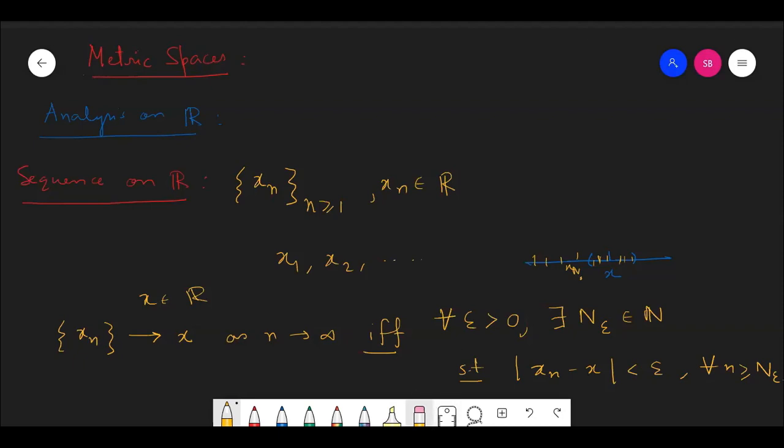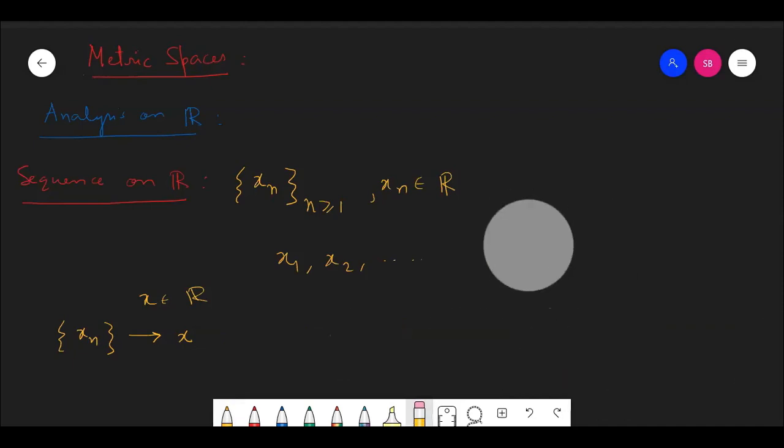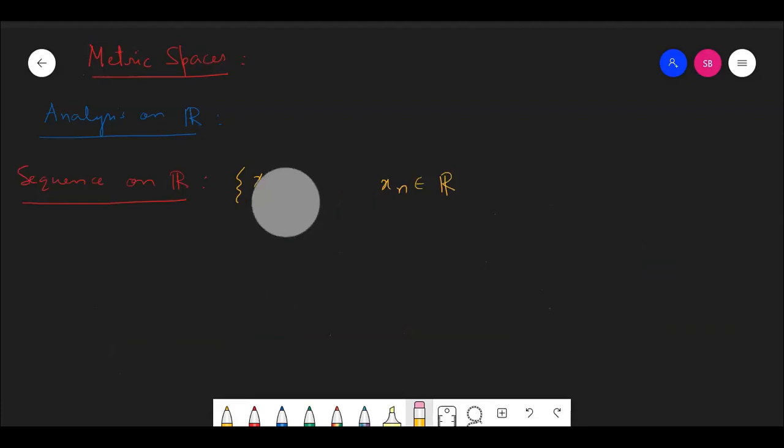Let me erase this and then we can see what we mean by limit of a function. So this is the limit of a sequence. Then we have the limit of a function.